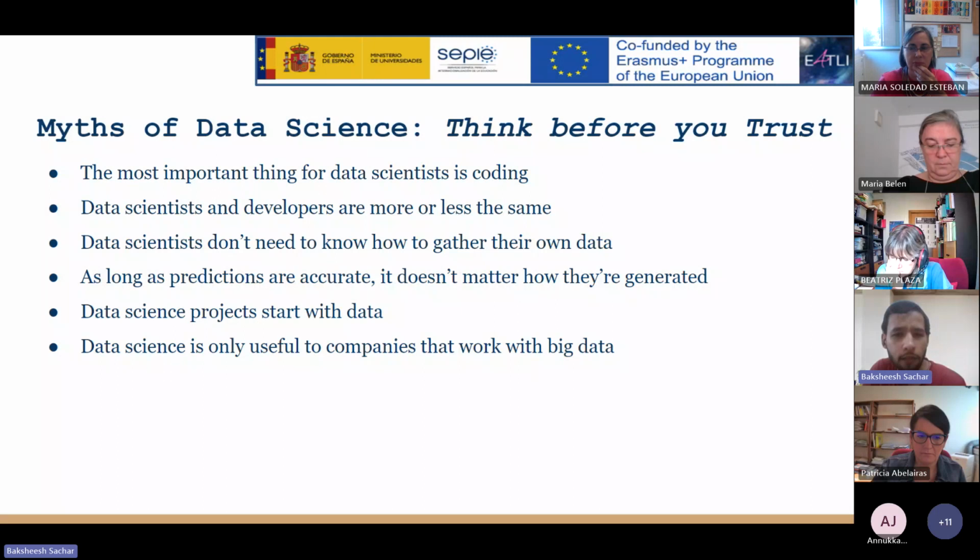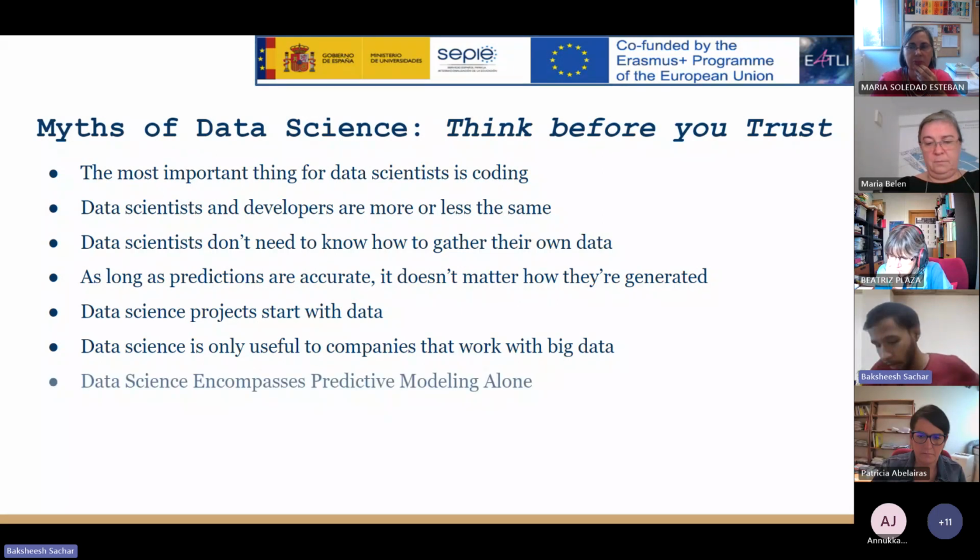Another myth is that data science encompasses predictive modeling alone. No. Data sets can be of different kinds, and predicting is basically looking at the future. But if we look at the data set, like I was doing yesterday, it can also give us inferences about the data that we are using. It need not just be predictions of the future.